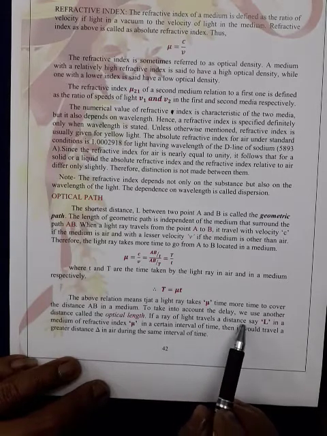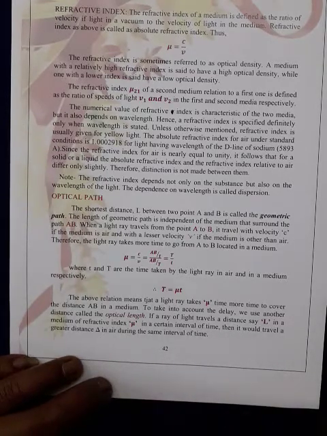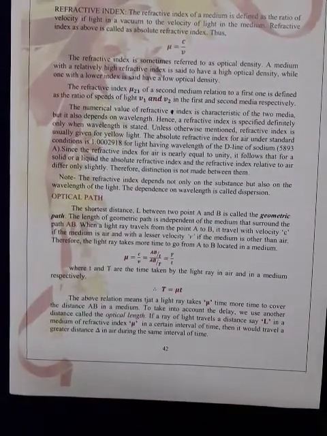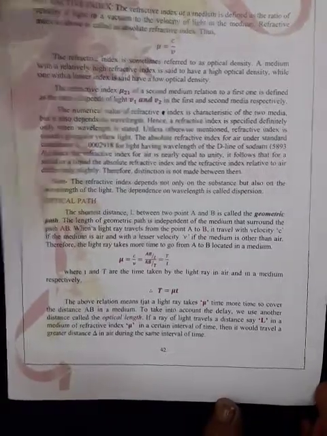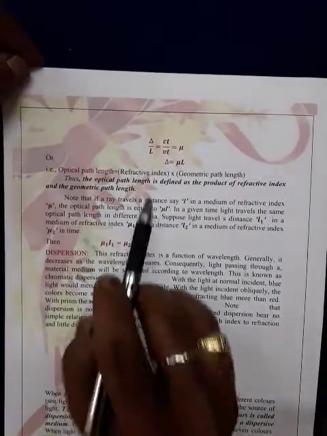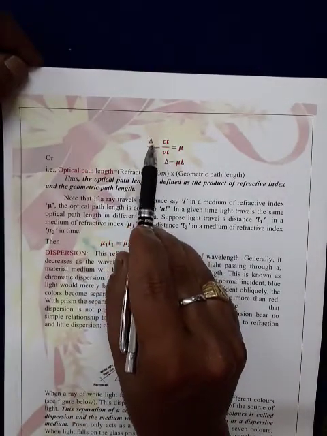To take into account the delay, we use another distance called optical length. If the ray of light travels a distance L in a medium of refractive index mu in a certain interval of time, then we can say the distance in air during the same interval of time is the optical path. This is the symbol we use to represent the optical path.